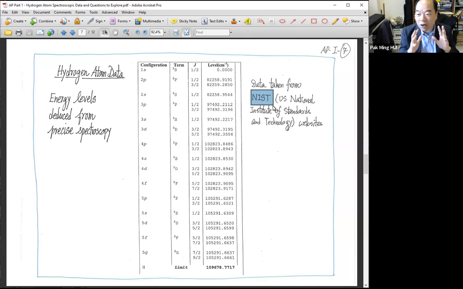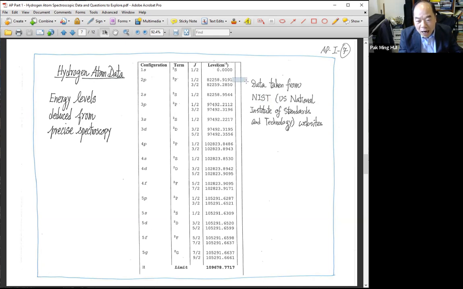They maintain and constantly update energy levels obtained by spectroscopy for all the elements in the periodic table to high accuracy. So the numbers here are actually part of the accuracy.